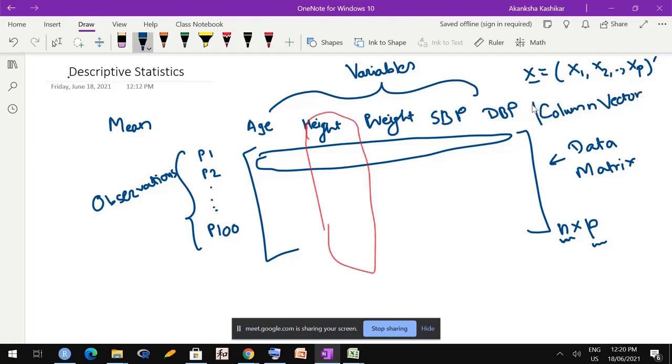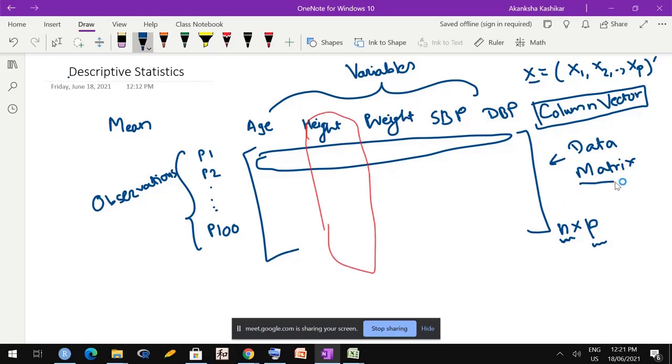Column vector means it would have many rows but only one column. So the vector on which I am collecting this data is age, height, weight, systolic blood pressure, diastolic blood pressure.